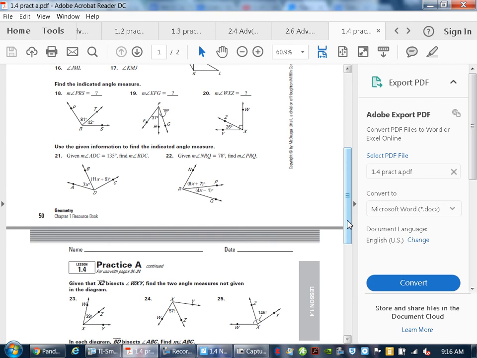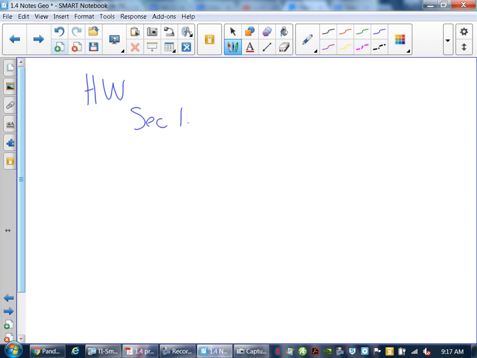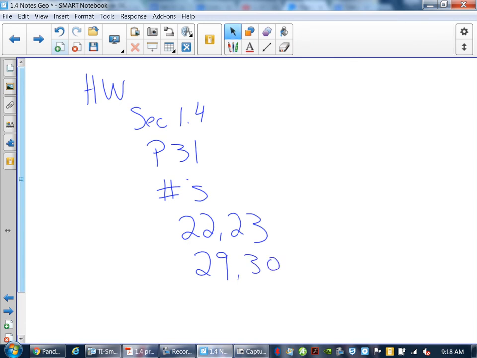So tonight what we'll do, because we'll have to get to angle bisectors tomorrow, and just like we had segment, all right, we'll do those four for tonight.